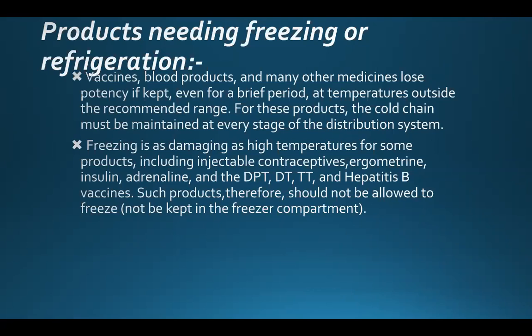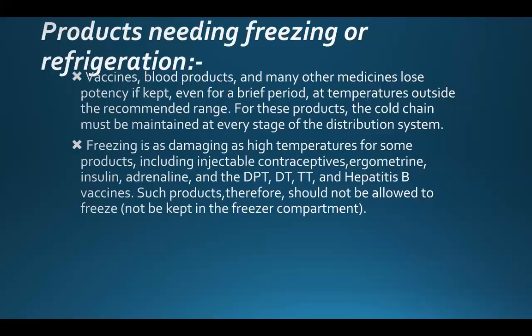These products, adrenaline, DPT, ergometrine, insulin, must be placed under refrigeration but not frozen. Whenever you see these products, it is written on them: do not freeze. It means these drugs cannot be placed in the freezing area of the refrigerator, as it will damage them.